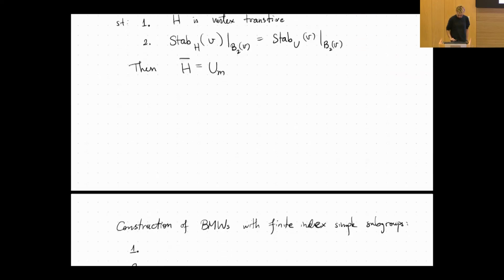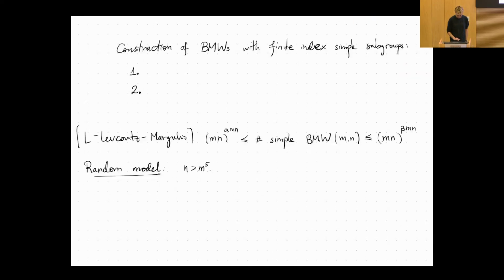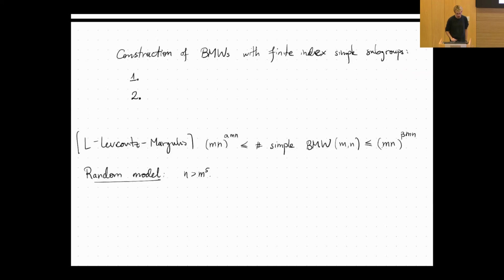So one can actually construct such examples. So let me just summarize this and then maybe discuss some more results. So how do you construct a BMW? So first you go to Danny. You ask him, give me a non-residually finite BMW. So find a non-residually finite BMW on, let's say, M and N, okay, the regularities of the trees.